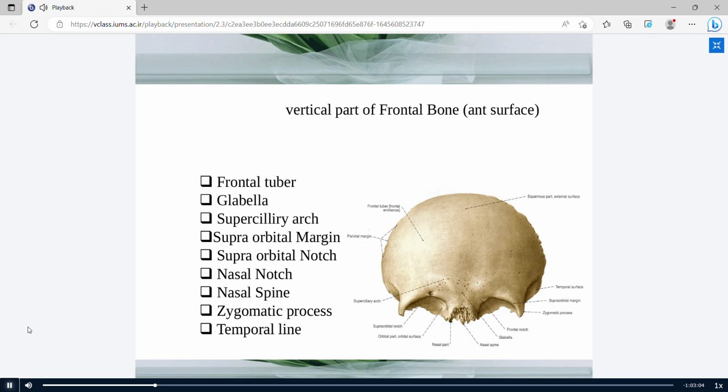And finally, behind the zygomatic process, there is a line called the temporal line. Actually, the temporal line is drawn from the zygomatic process to behind the vertical part of the frontal bone. And there is a fossa inferior to the temporal line, called the temporal fossa or temporal surface.